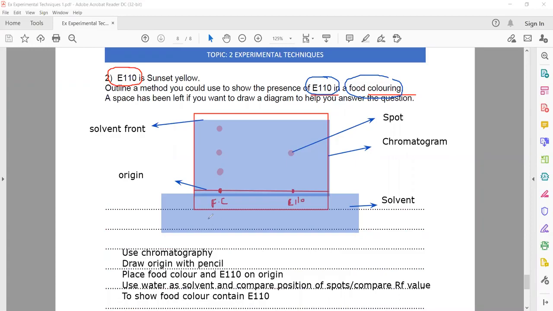So what we did, we took a food coloring and carried out its chromatography, and simultaneously we carried out a chromatography for E110 separately. When we check the height, because E110 and food coloring both have the same spot, it shows that E110 is present in this food coloring. Is it clear now?